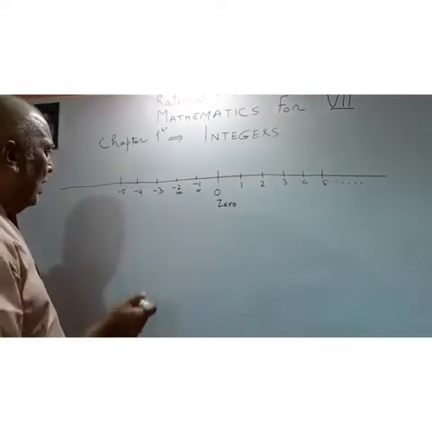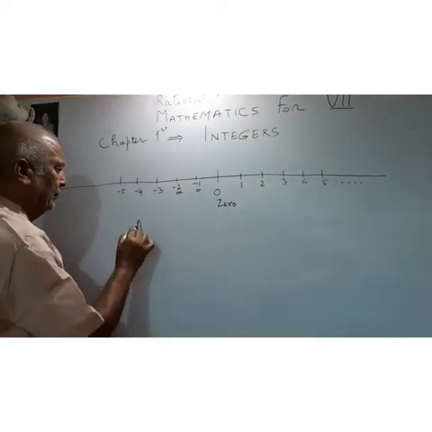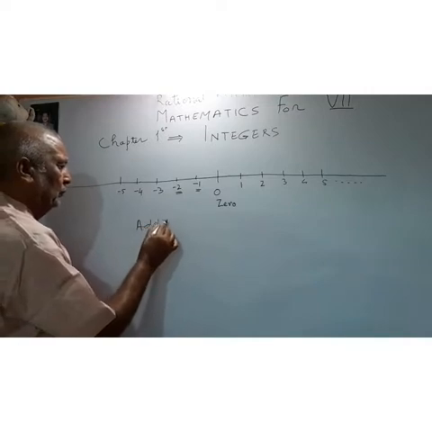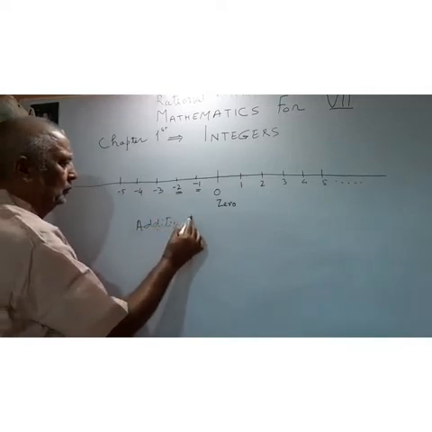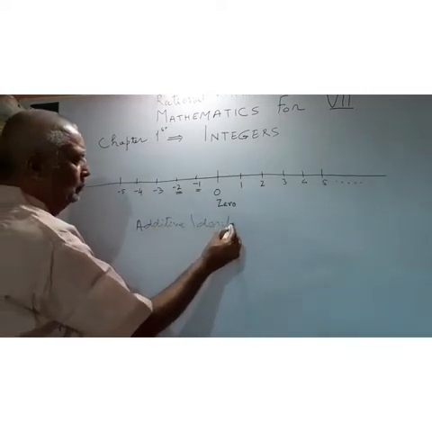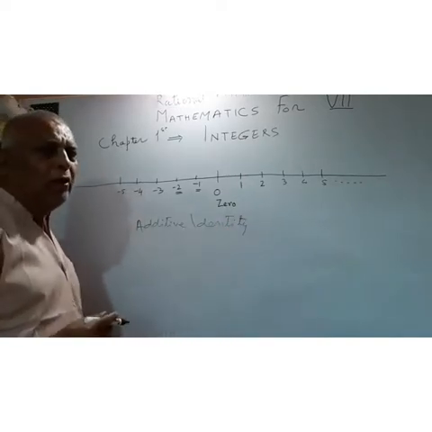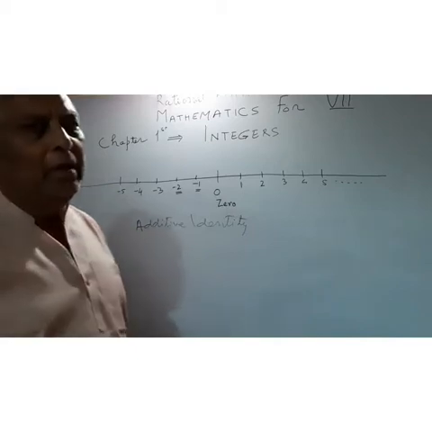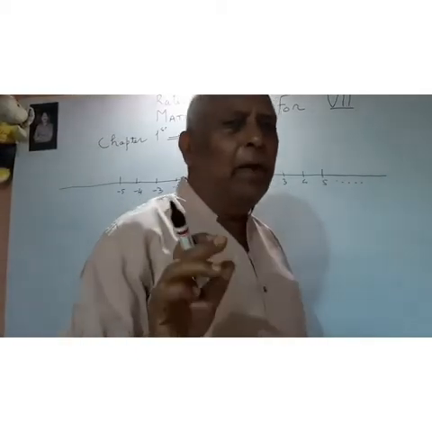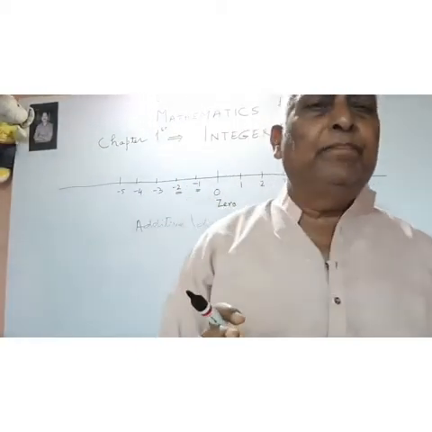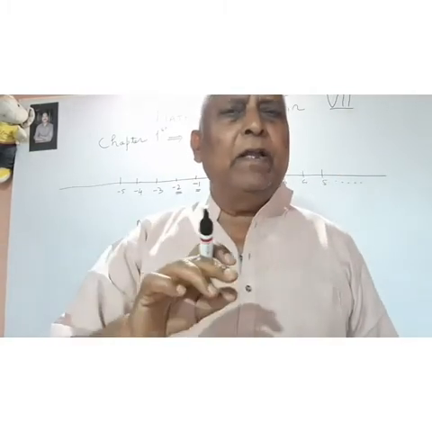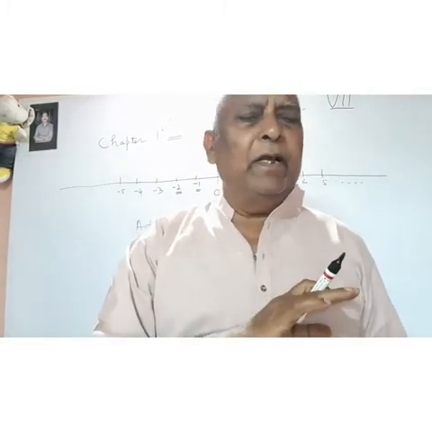Now you take additive identity. What do you mean by identity? 0 is the number which, added to any number, doesn't make any difference.